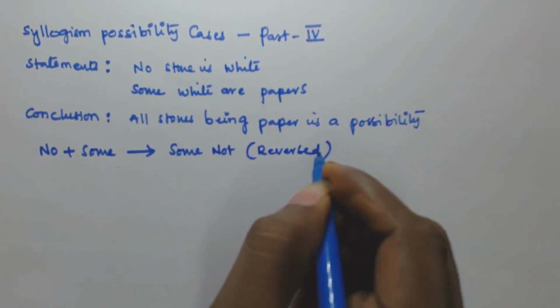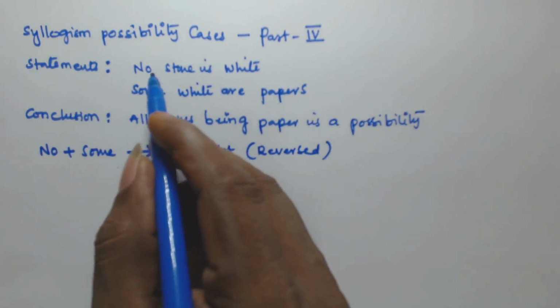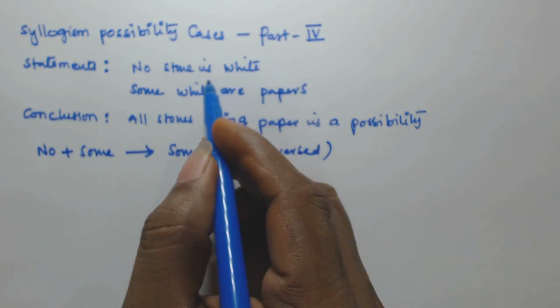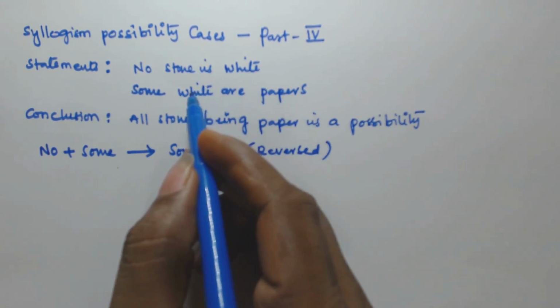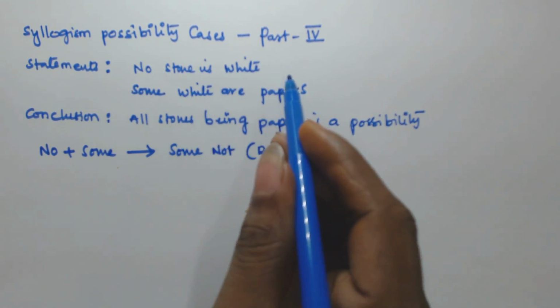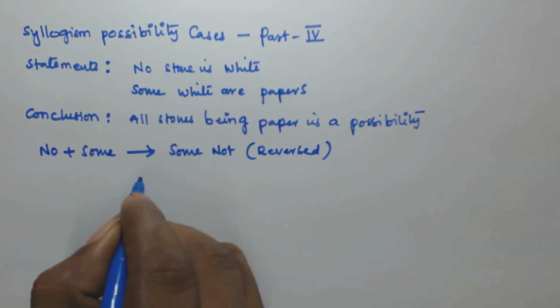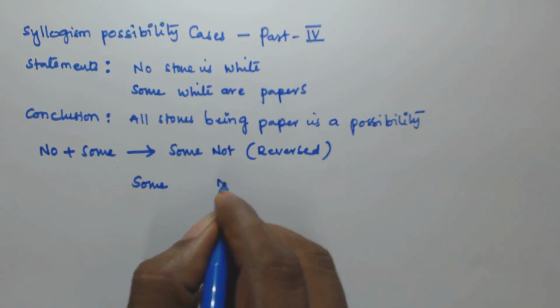So here we have no stone is white and some white are papers, and this white can be cancelled, and the derived conclusion is going to contain some not.